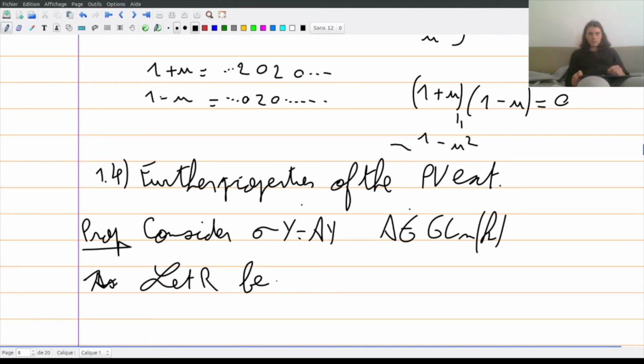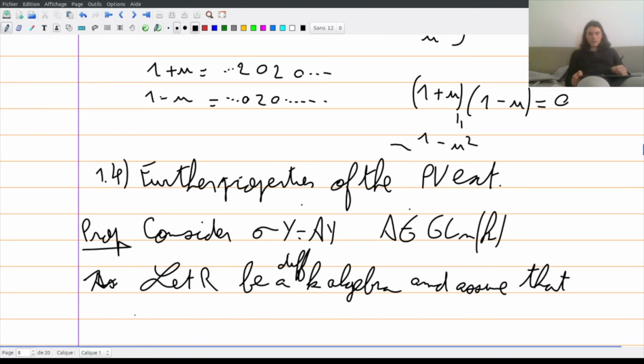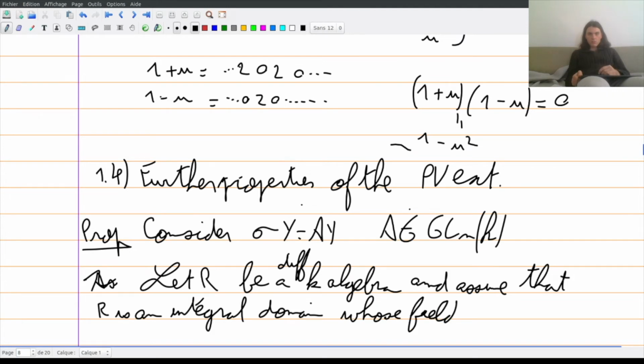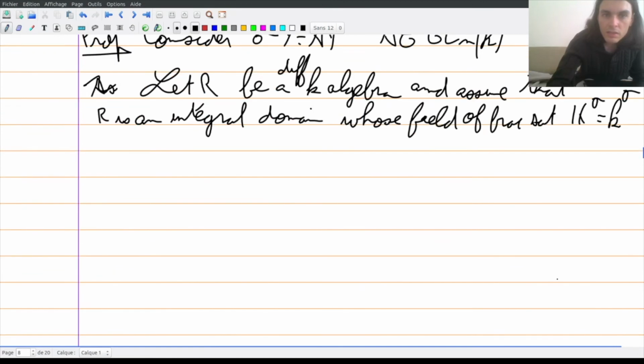Let R be a difference k-algebra, and assume that k is an integral domain whose field of fractions satisfies that you did not add any constants.